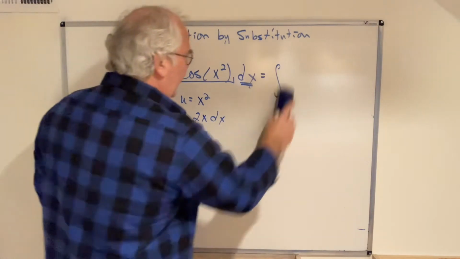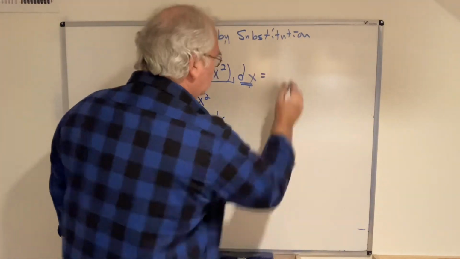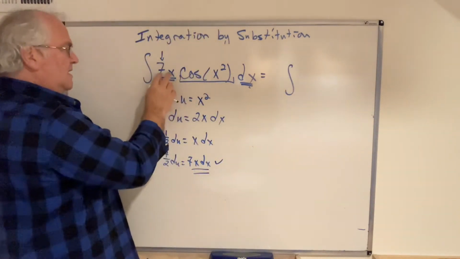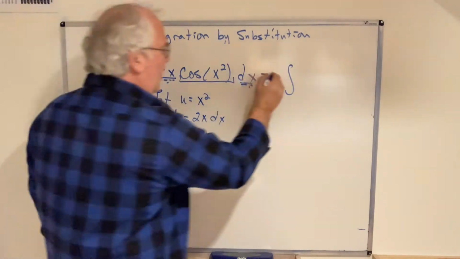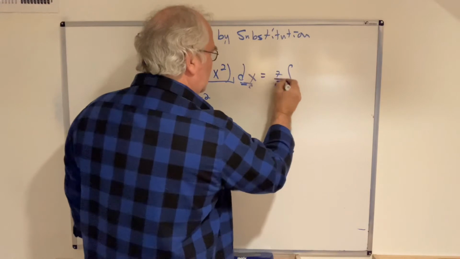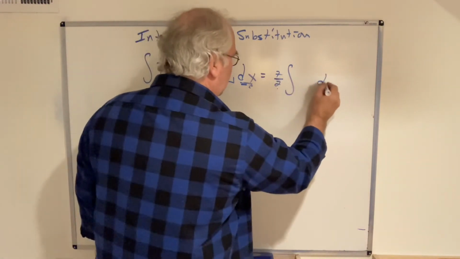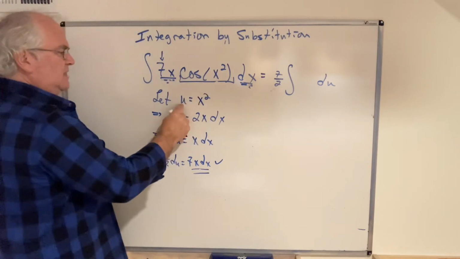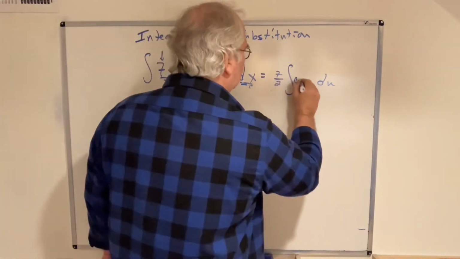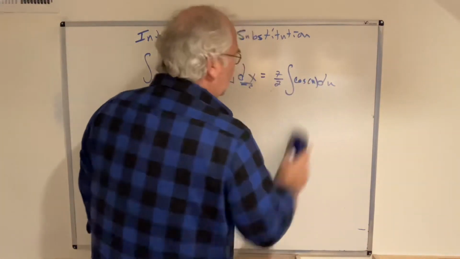How do you say 7x dx? 7x dx, that's 7 over 2, constant multipliers multiply along, du. How do you say cosine of stuff? That's cosine of u.